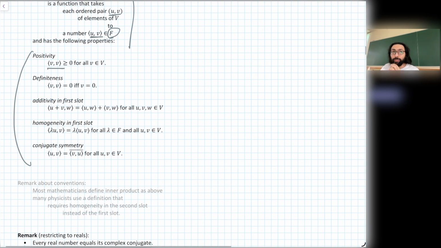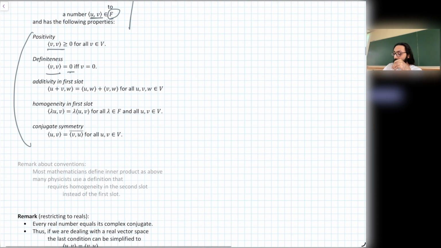The first property was that if you take the inner product of a vector with itself, this is going to be a non-negative number. Second, if this turns out to be zero, if you take the inner product with itself and it's zero, then it means that the vector itself is zero. The third is that you have additivity in the first slot. So if you write u plus v, you can split it as the inner product with u first plus the inner product with v.